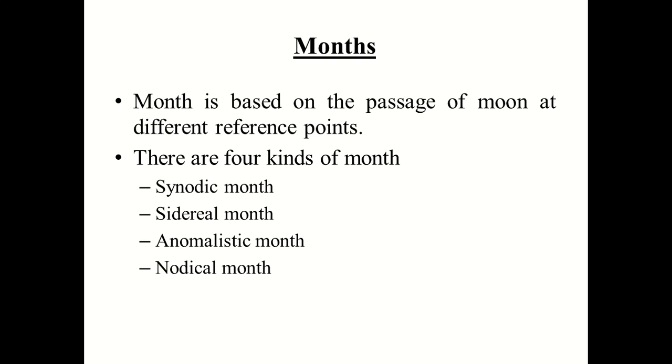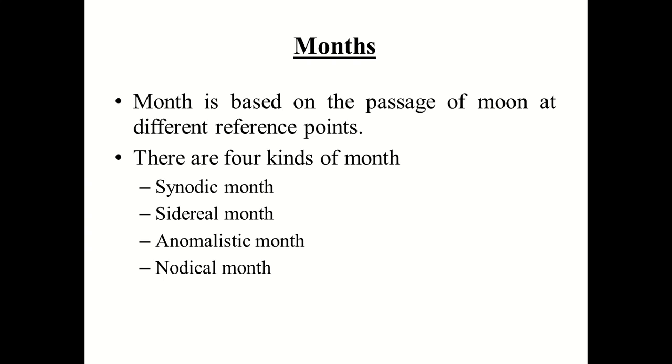Remember, in the case of year, we can have three years, namely tropical year, sidereal year, and anomalistic year. The word sidereal actually refers to the reference point with respect to the fixed stars. Anomalistic refers to the position of the apogee, that is the greatest distance of the object from the earth.